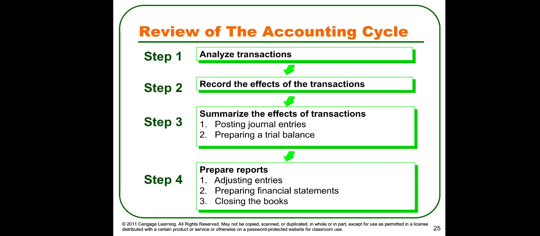Step number 4 is to prepare a trial balance. A trial balance is a list of all accounts with their balances. You will get the list of all accounts with their balances from the ledger. Okay, step number 5 is you have to do adjusting entries. The main reason you have to do the adjusting entries is to follow the matching principle.